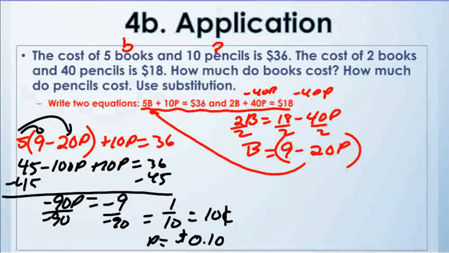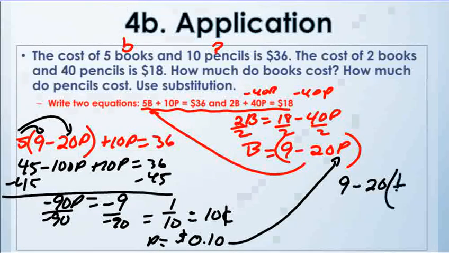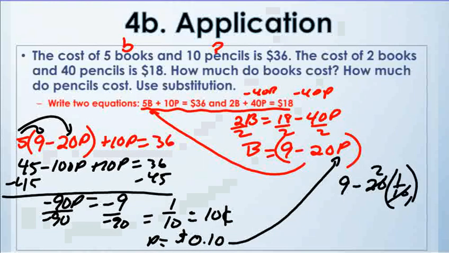So if I plug that in for this one right here, I'll have 9 minus 20 times, I'm going to use a fraction here, 1/10, because that gives me a 2. 9 minus 2 is 7. So we would have 7 cents.